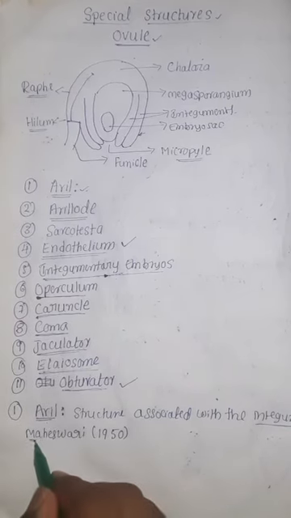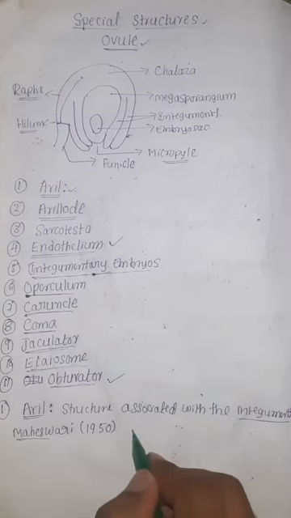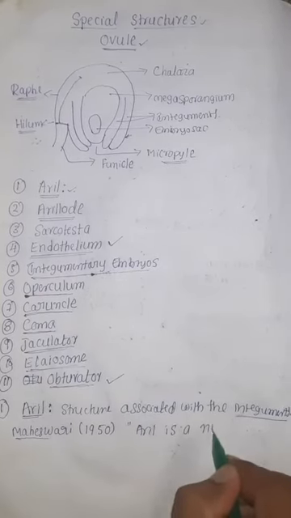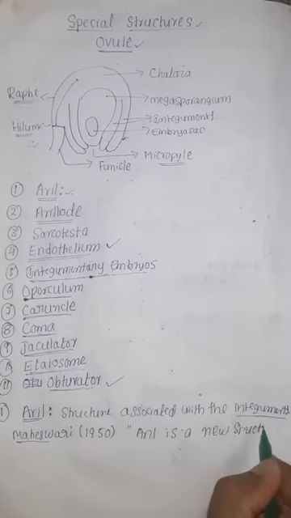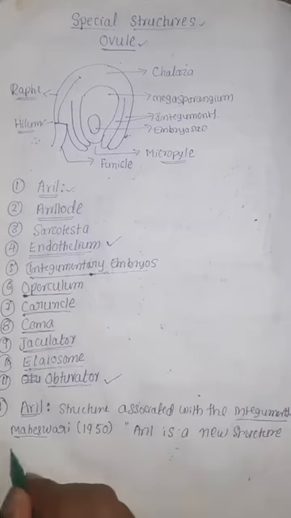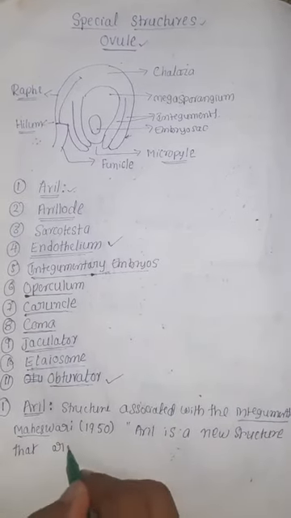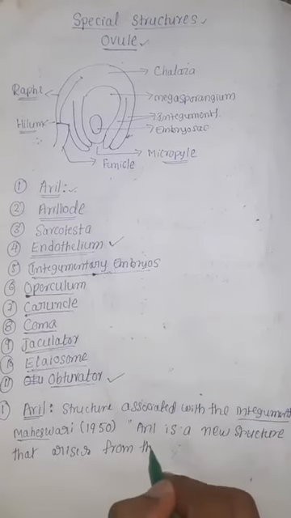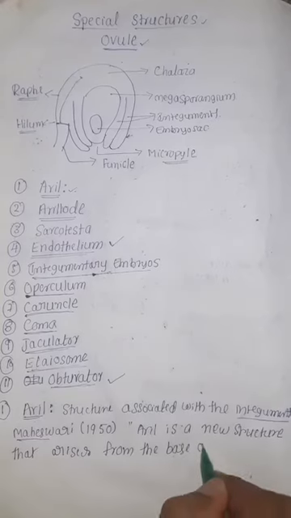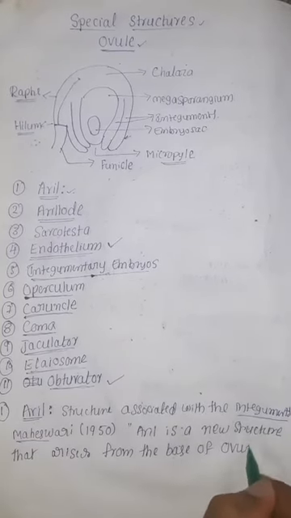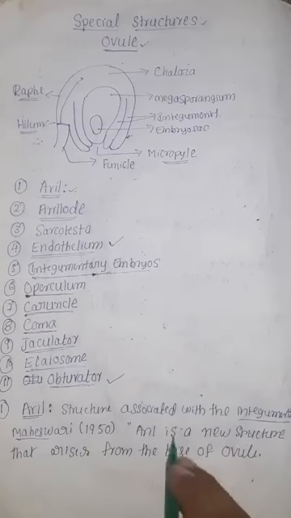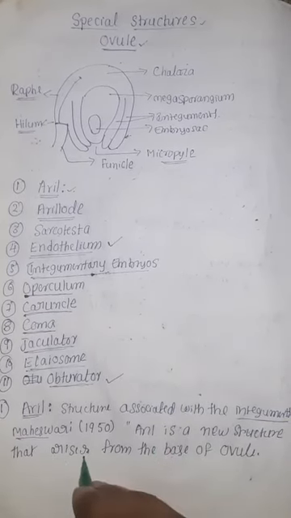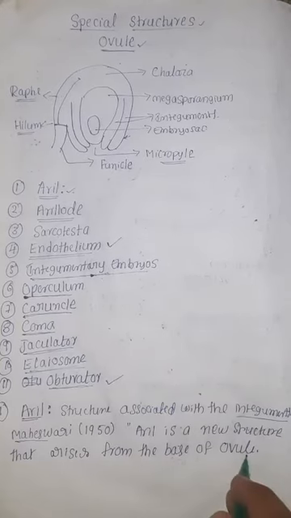As per Maheshwari, aril is a new structure that arises from the base of the ovule.